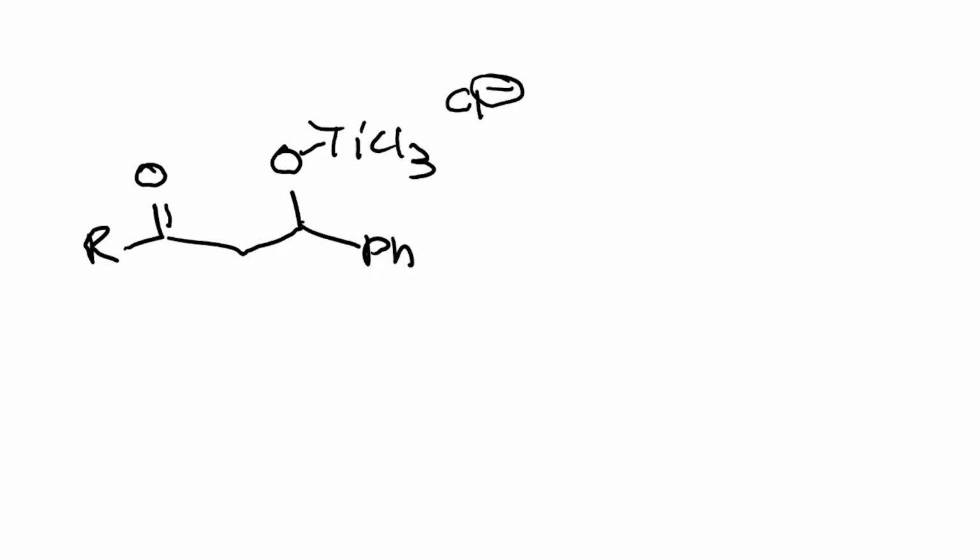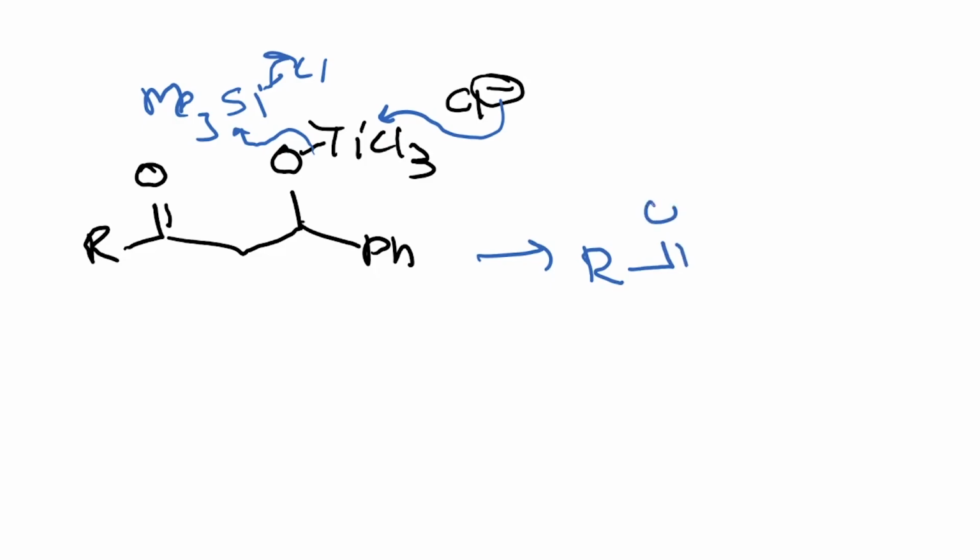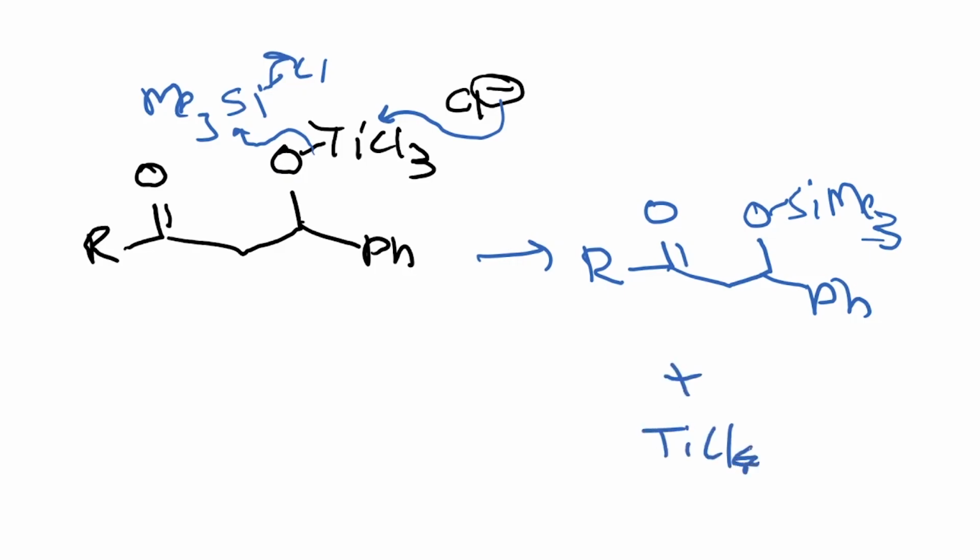You have chloride which is still present, and so you have a reaction over here, which then eventually picks up the silyl group from here, and the product that is formed is R C double bond O SiMe3 Ph. Okay, and the titanium tetrachloride is also a product that is formed.